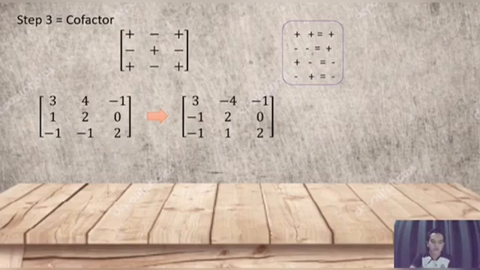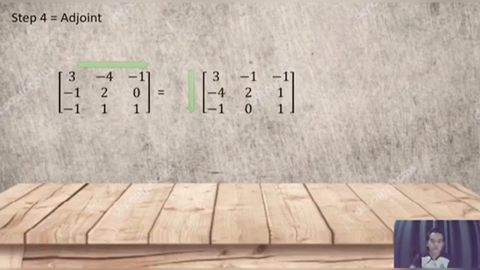You multiply your answer either by positive or negative to get the cofactor of your chosen element, which you use depending on where the element was placed in the 3 by 3 matrix, and the answer is first row 3, negative 4, negative 1, second row negative 1, 2 and 0, and third row negative 1, 1 and 2.